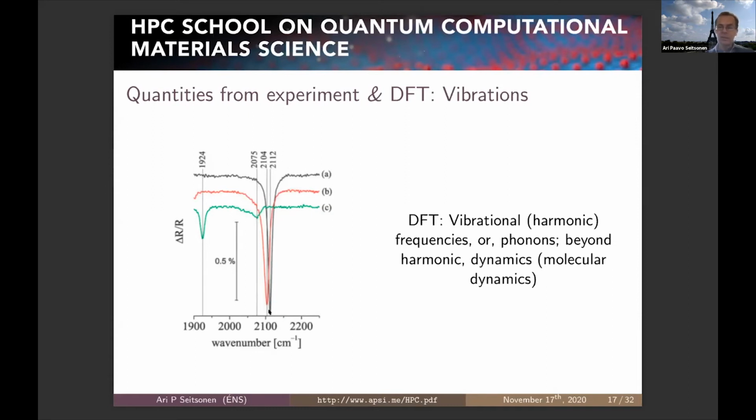And when there's absorption, there's a dip here. And then these were 3 different systems, and this corresponds to the vibration frequency in the system. So we can calculate, at least at the harmonic limit, these quantities also. I don't have any examples here, but this can be done and has been done also in the case of ruthenium dioxide.